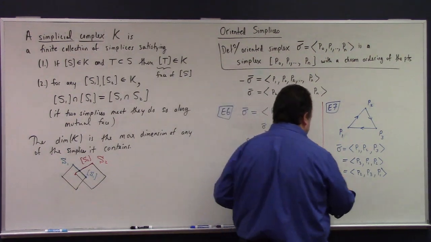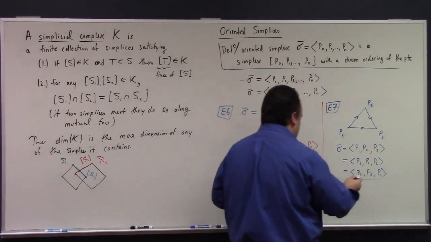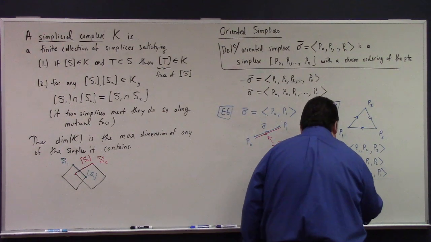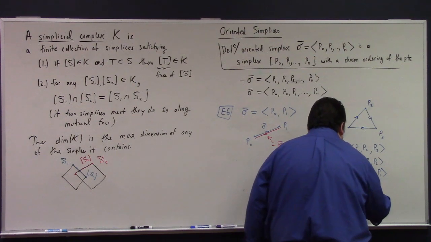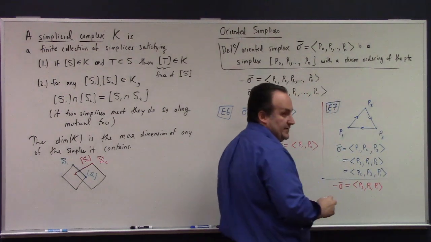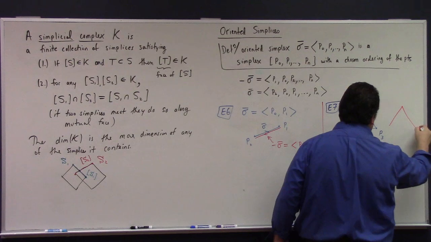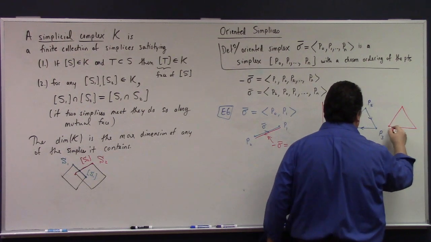In contrast, we have minus sigma bar, which would be like P3, P2, P1, right? I'll draw a picture of that over here so my picture doesn't get too busy.